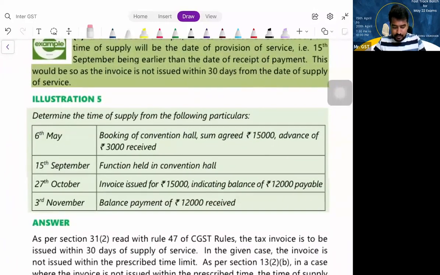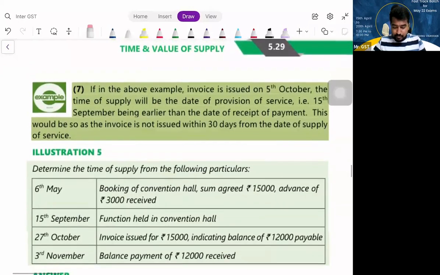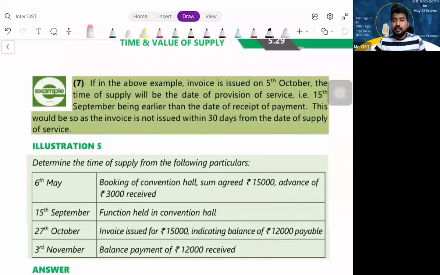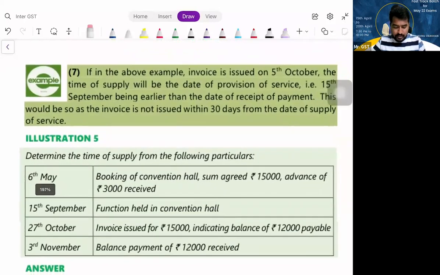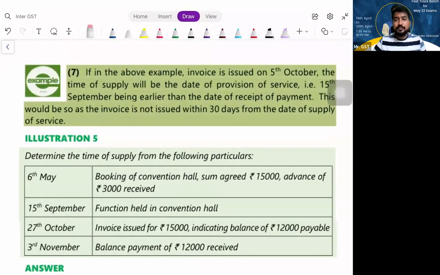Solve this fast. Illustration 5, page number 5.29. If you want to look at the study material, illustration 5, page 5.29. Is this related to service, my dear friends?